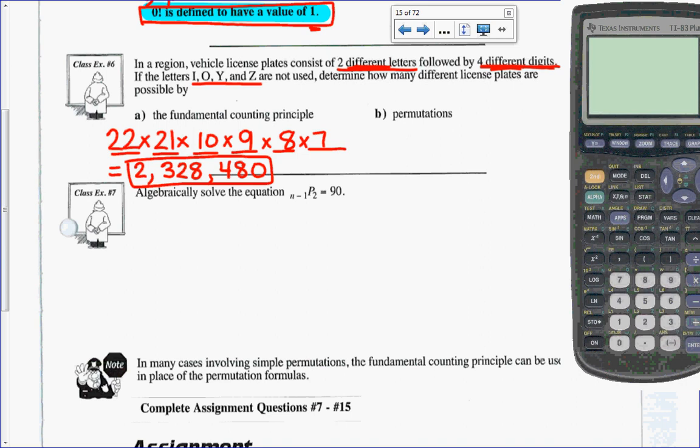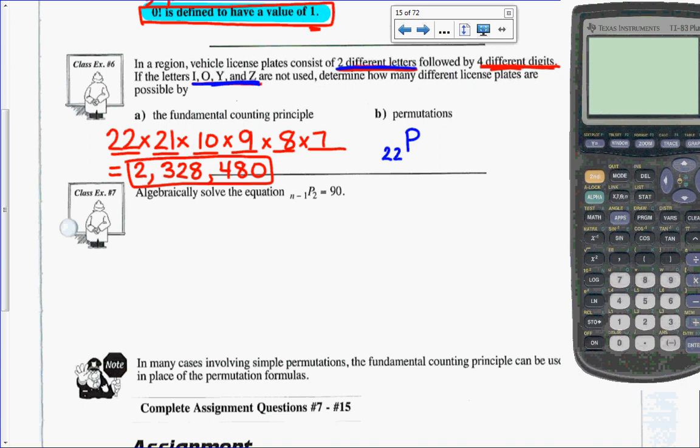I also could figure it out using permutations. Okay, so first of all, I'm going to have to figure out the 2 different letters, how many different options there are to arrange those 2 different letters. Okay, so let's see, that's a permutation because order matters. I'm arranging letters. Okay, I have 22 available to me that I can choose from because I can't use these 4, right?